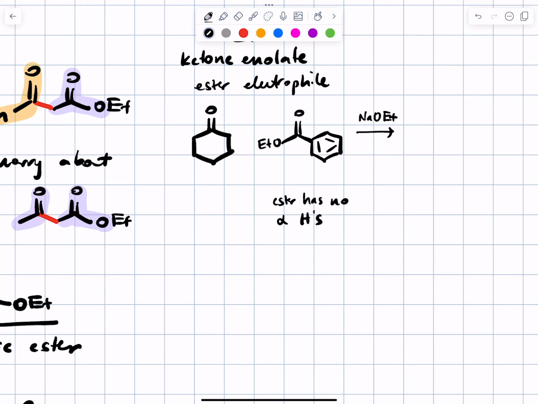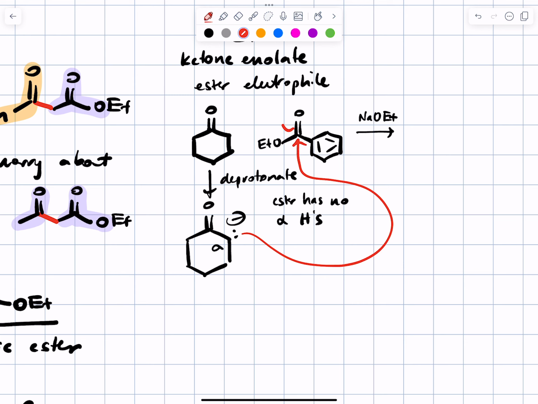I won't show you that proton transfer. I'll just write deprotonate, which was probably slower than drawing the proton transfer mechanism. Here's the alpha carbon. That enolate attacks the carbonyl carbon to give a tetrahedral intermediate. I will assume you can draw the mechanism from there on.